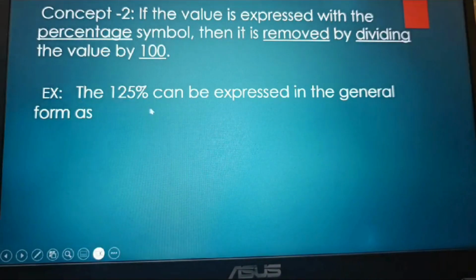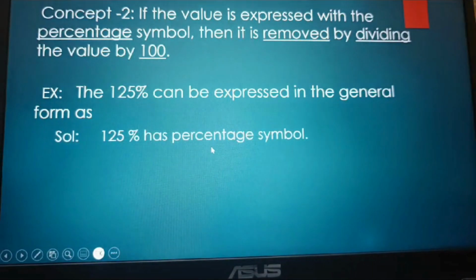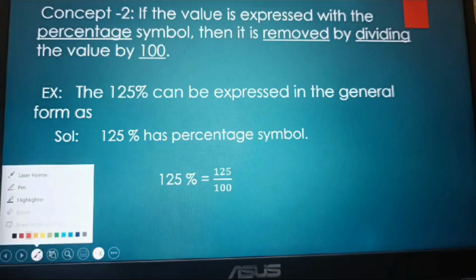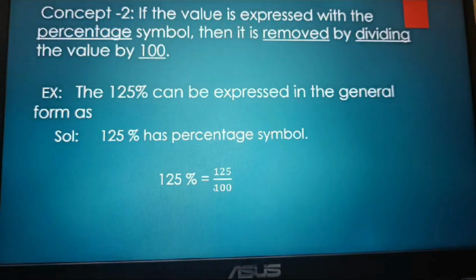125% can be expressed as 125 by 100. So 25 fours are 100, 25 fives are 125, so this is 5 by 4.